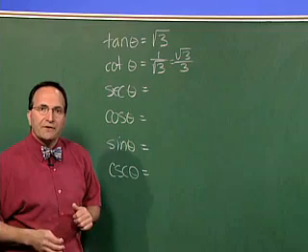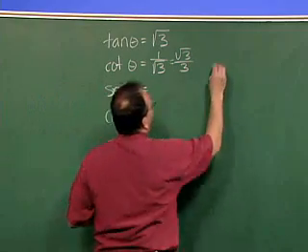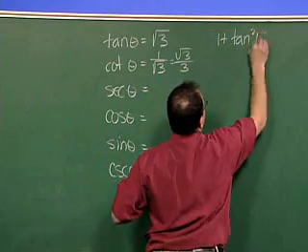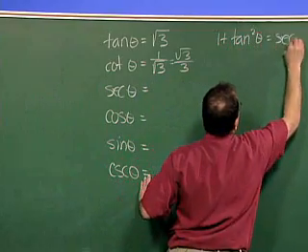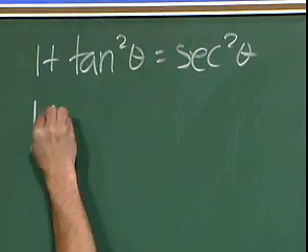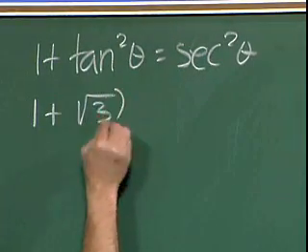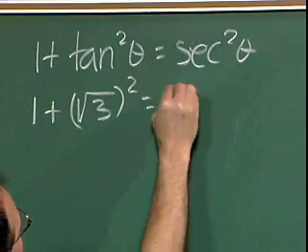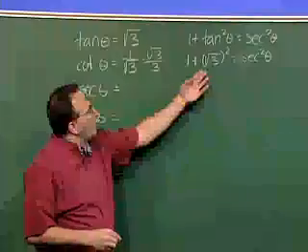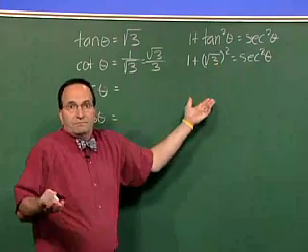Use one of the Pythagorean identities that says 1 plus tangent squared theta equals secant squared theta. And that means 1 plus the square root of 3 squared equals secant squared. Square root of 3 squared, of course, is just 3.